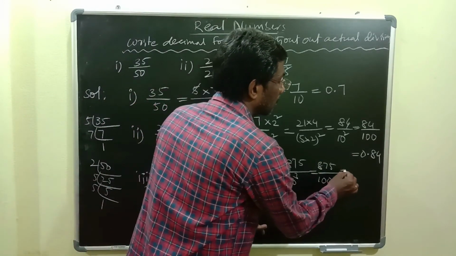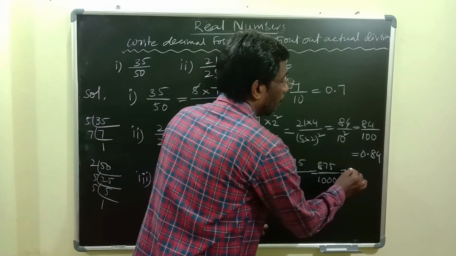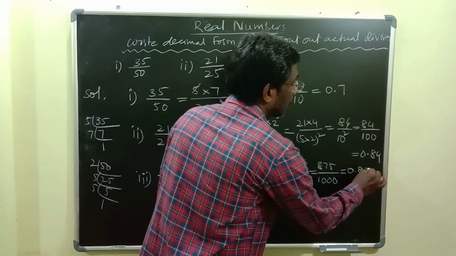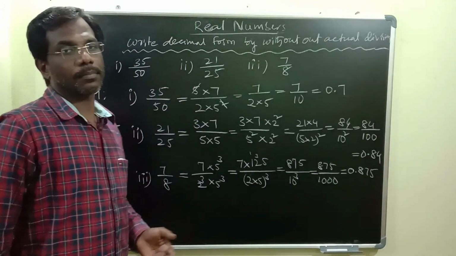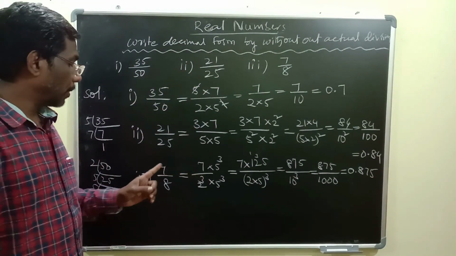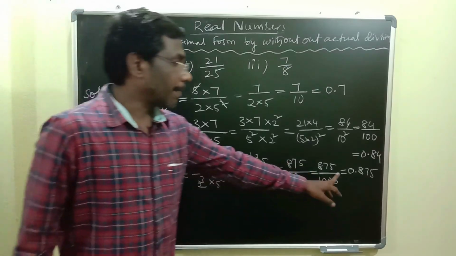If we convert it into decimal form, it is 0.875. The decimal form of 7 by 8 is 0.875.